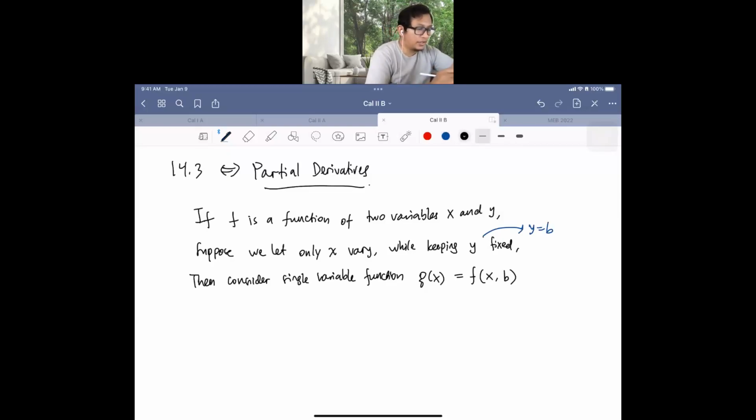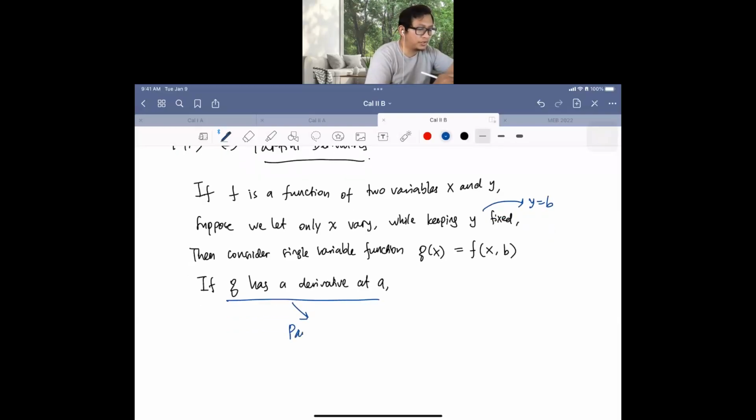And if g has a derivative at a, then we call this the partial derivative of the function f with respect to x at (a, b).